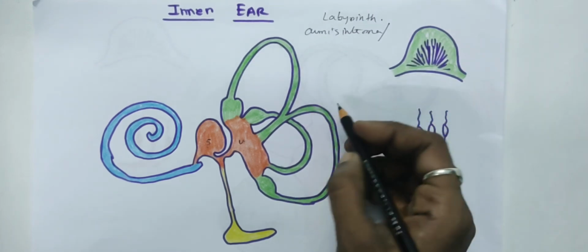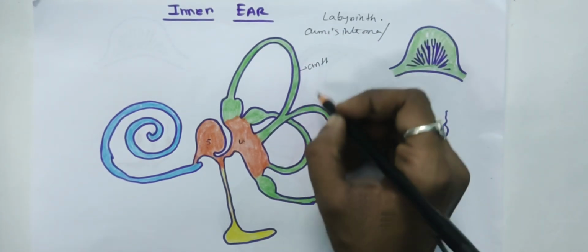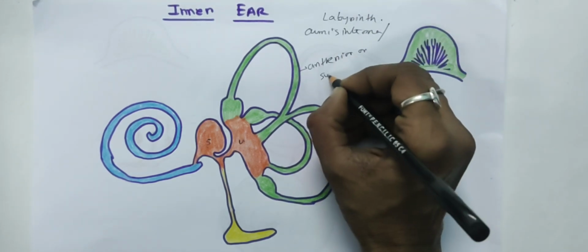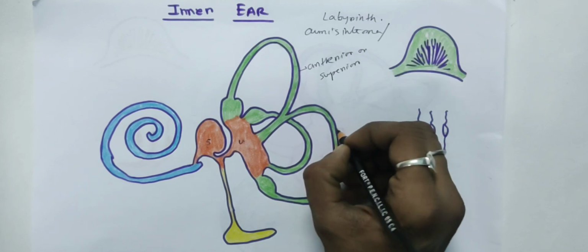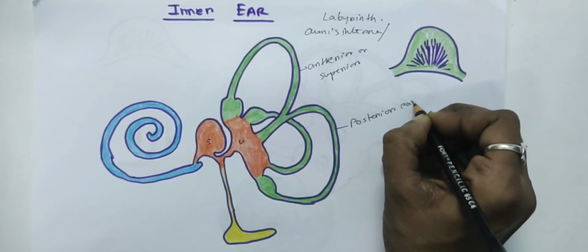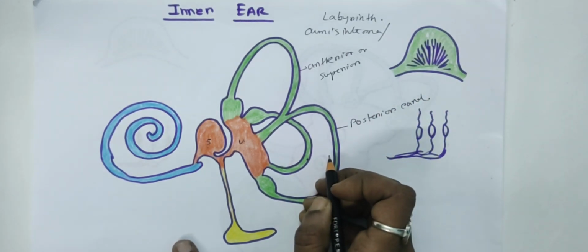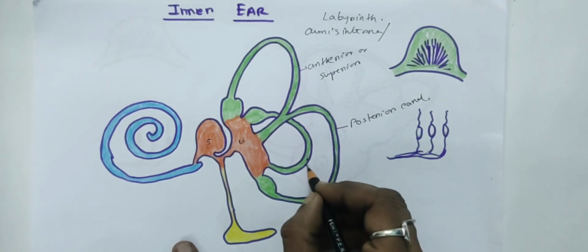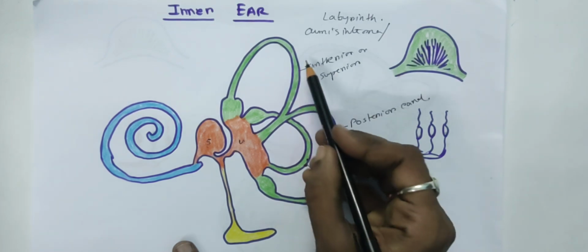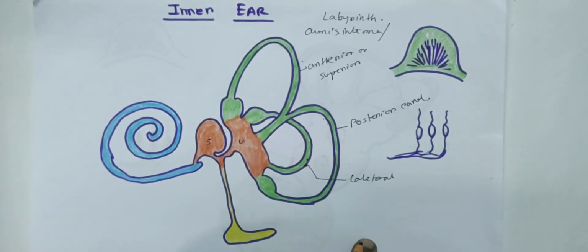This is the anterior or superior canal, this is the posterior canal, and this one is the lateral or horizontal canal. Anterior or superior, posterior, lateral: the three semicircular canals.